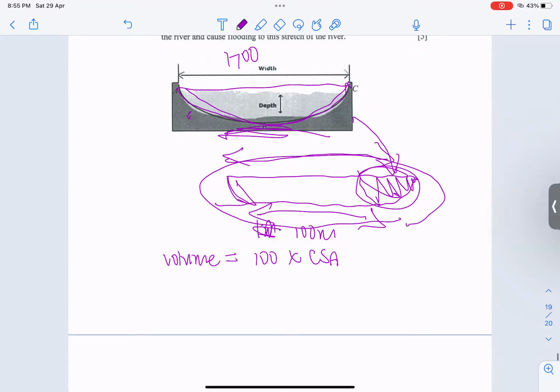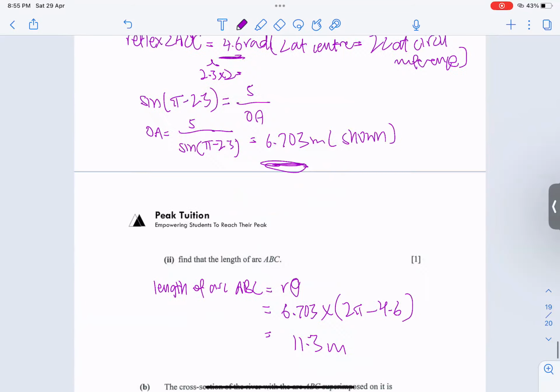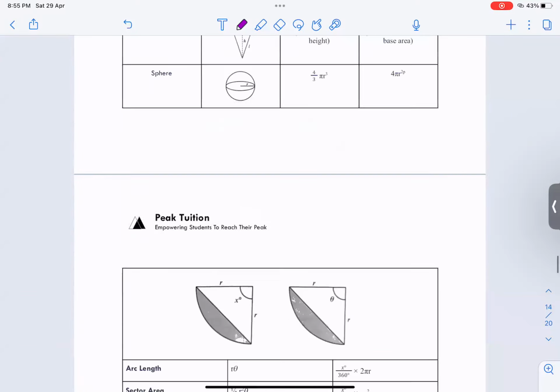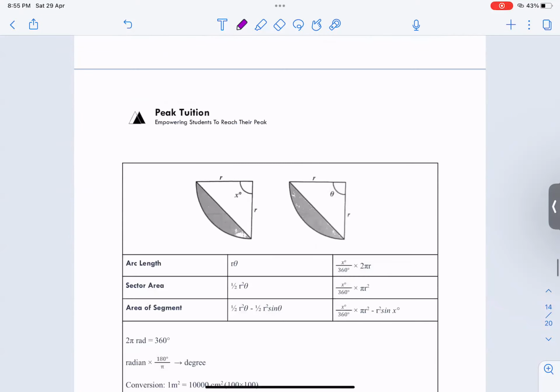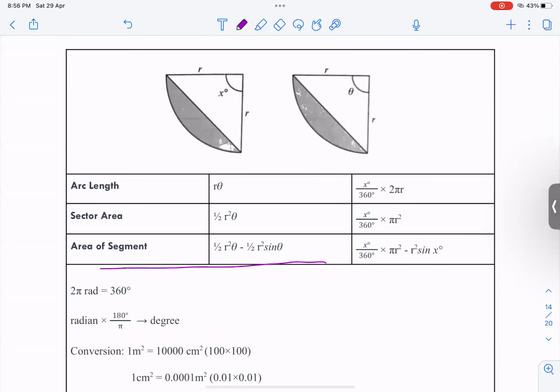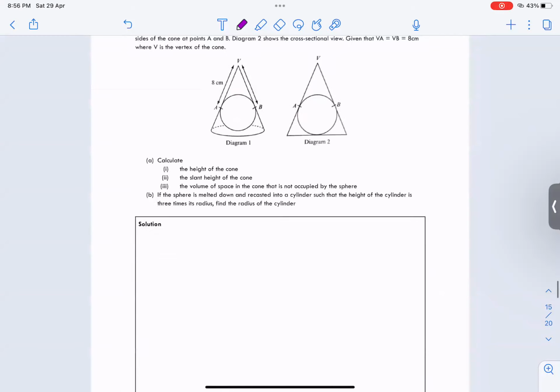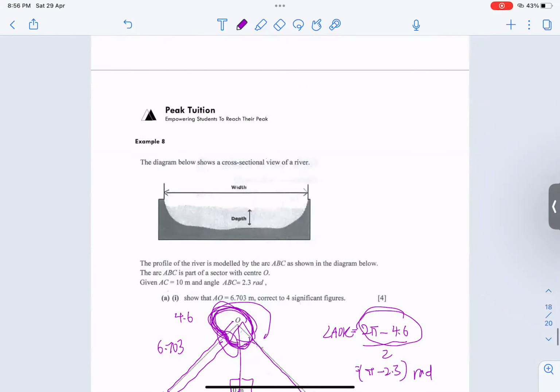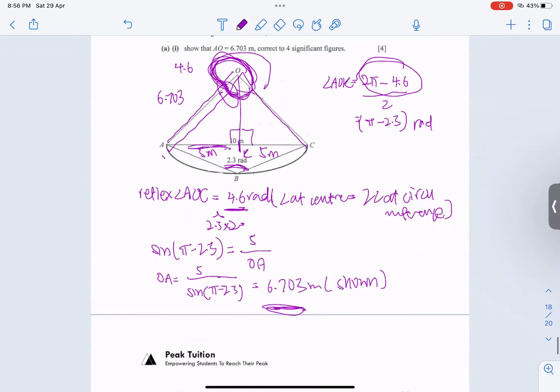You use your formula. You flip back a few pages. This formula, area of segment, is half r squared theta minus half r squared sine theta. And you just write it down over here.